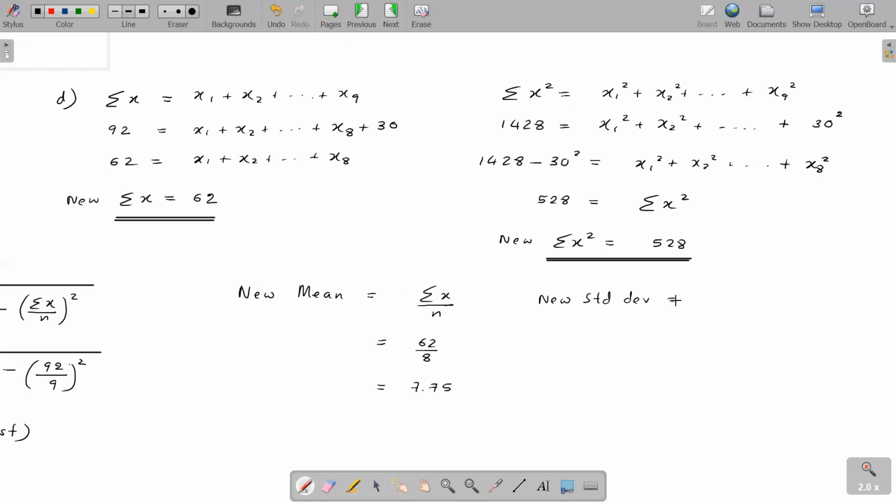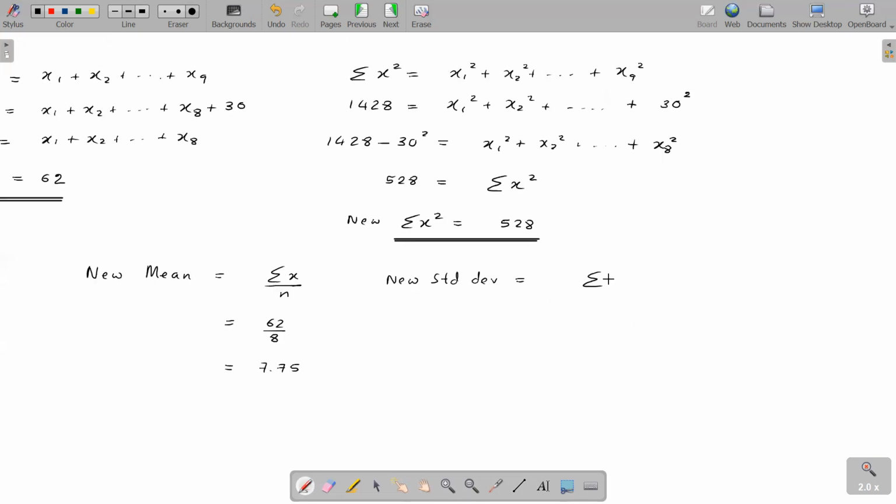New standard deviation. So sigma x square is 528 over n, which is 8 people now, right?